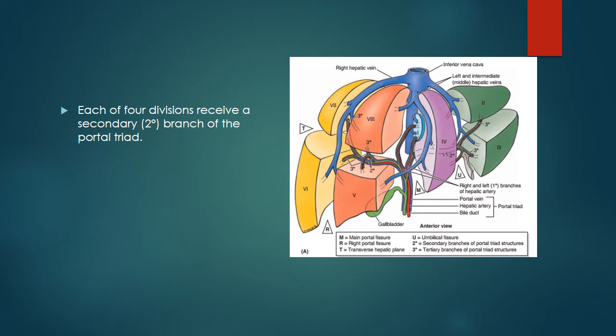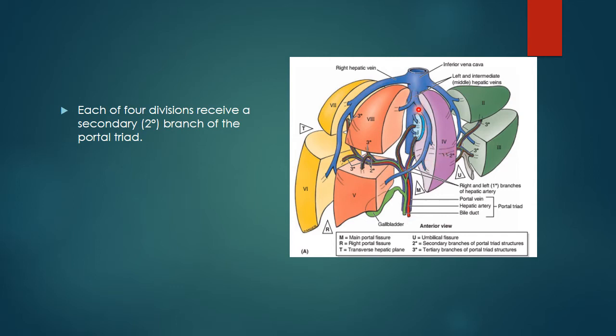Each of these four divisions, the four sectors, receives a secondary branch of the portal triad. So what is the basis for division of functional lobes into sectors? This is the secondary division of the portal triad, and here we can see the secondary divisions and how they divide into the lateral and medial sectors of the right functional lobe and the medial and lateral sectors of the left functional lobe, and all these receive secondary divisions.